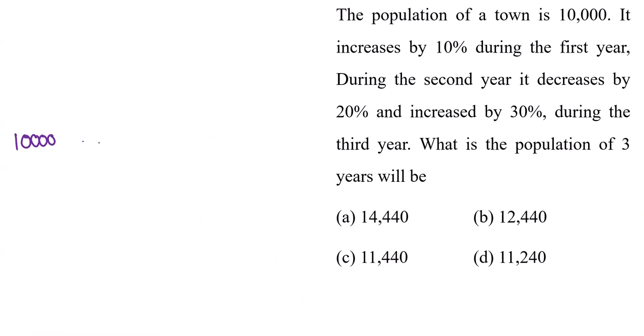10,000 is initially available. 10% increase in the first year. Then 20% decrease in the second year. Then 30% increase in the third year. Final population after 3 years.